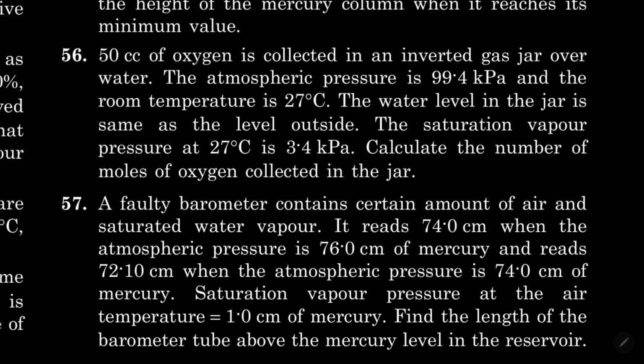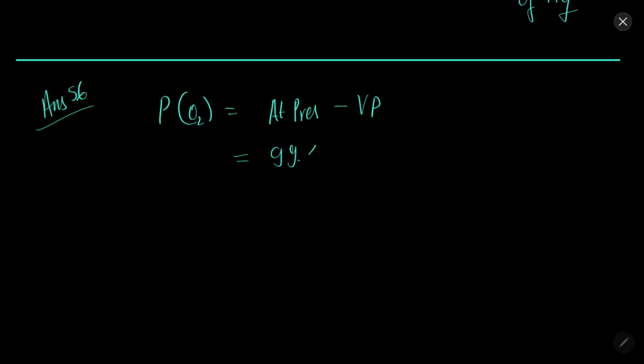In 56, we need to calculate number of moles of oxygen collected in the jar. Solution 56. So pressure exerted by O2 is atmospheric pressure minus vapor pressure, 99.4 kilopascal minus 3.4 kilopascal, 96 kilopascal.